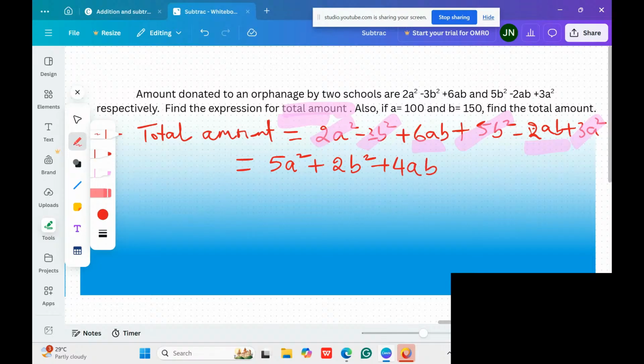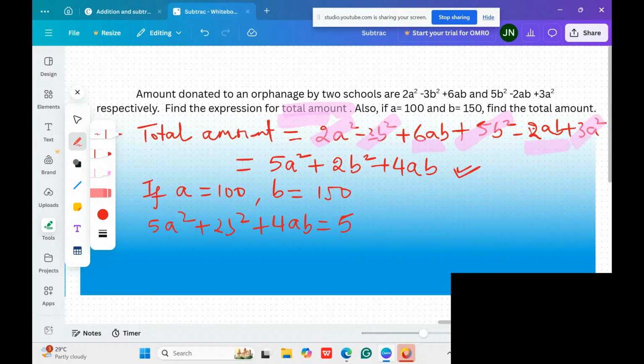Now अब यहाँ पे ये हमारा expression आ गया है. Next part is super easy, but it requires a lot of calculations also. Okay, so now if a is equal to 100 and b is equal to 150, then 5a square plus 2b square plus 4ab is equal to, how much would that be?